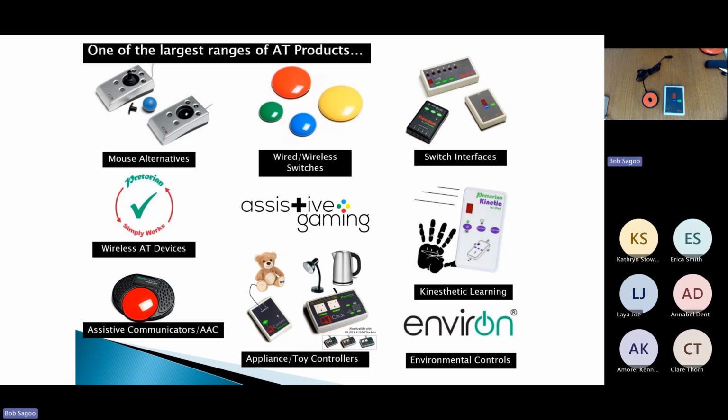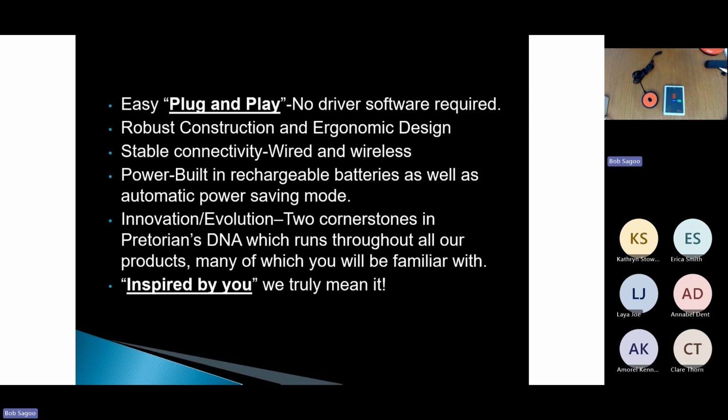You've got the mouse alternatives there. Today we're talking about switches, both wired and wireless, and switch interfaces. We've also got appliance controllers, AAC for communication, our wireless solutions, which is Simply Works, and environment, and the Kenzonetic learning, which I'll show you a preview of as well. It's a very extensive range, and we're adding to it all the time.